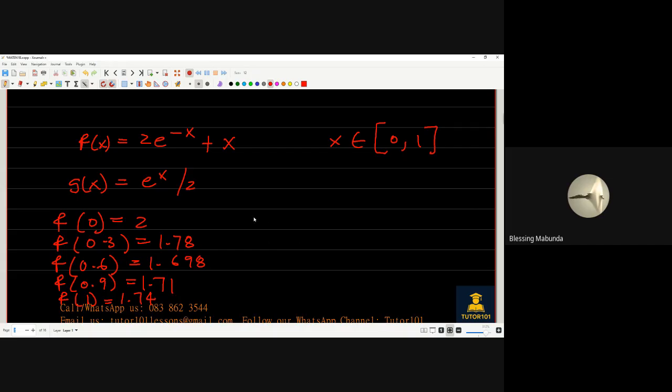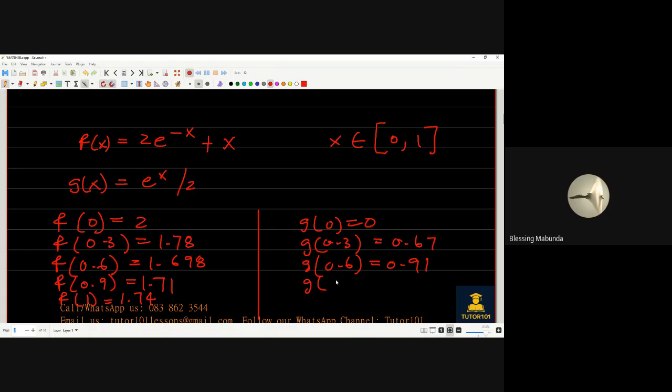And then let's consider the function g. At g of 0, this is equal to 0 as well. G of 0.3 is equal to 0.67. G of 0.6 is 0.91.